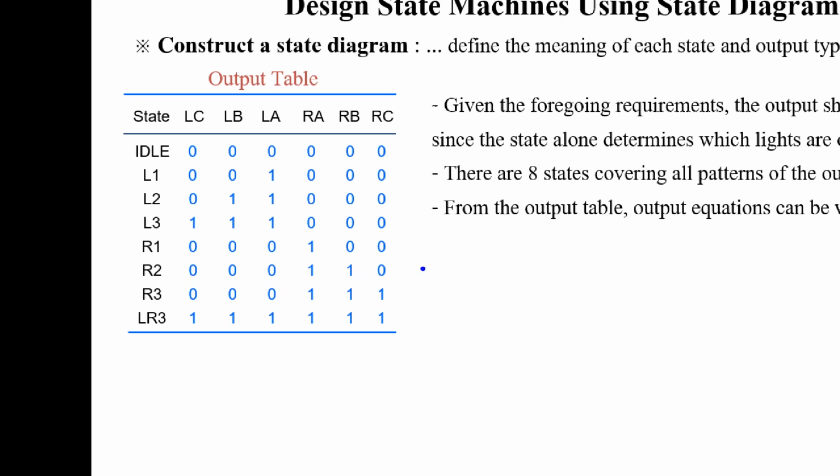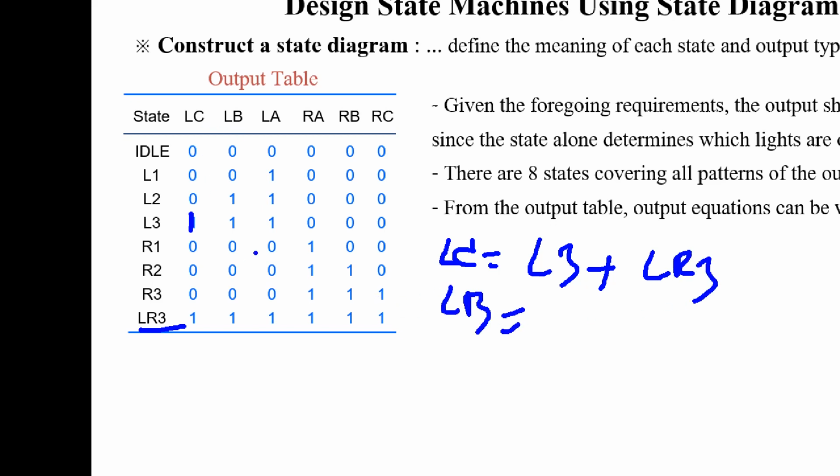You may take a note. For example, LC will be active if at state L3 or LR3. Or LB will be active at state L2 or L3 or LR3, for example.